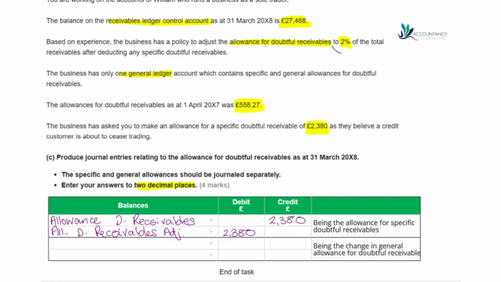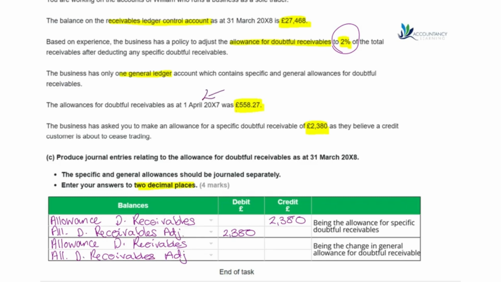Now we need to look at what is our 2% for the general going to be. So we can put in that we've got the same accounts that we're going to work with. So we've got our provision account and our adjustment account there.